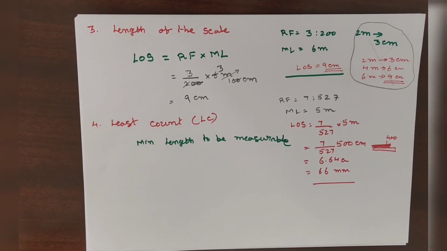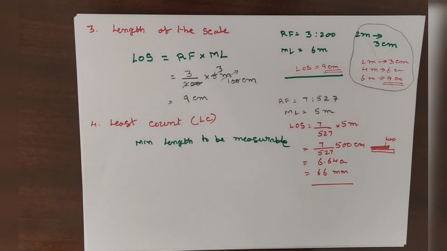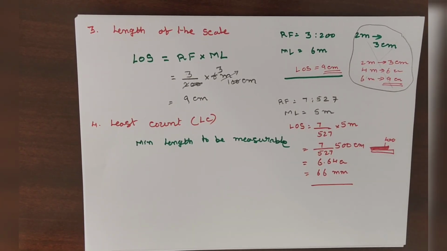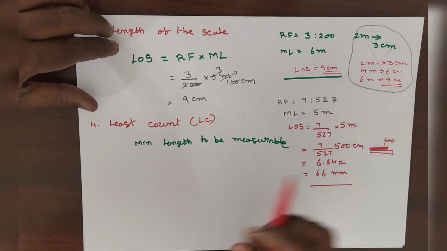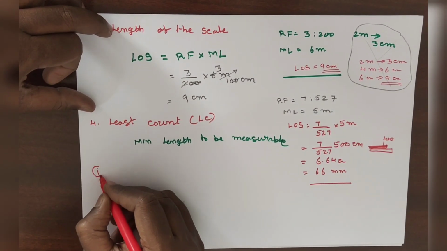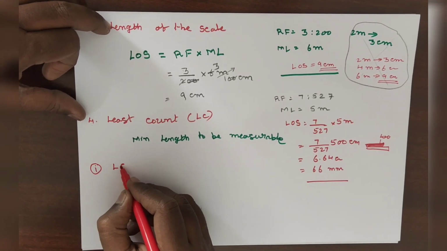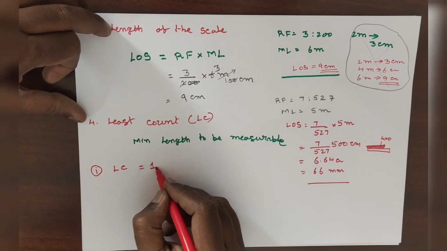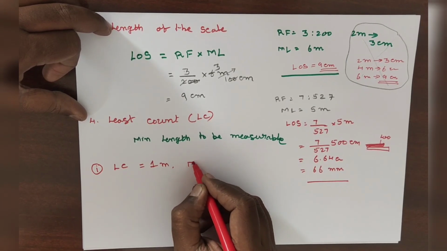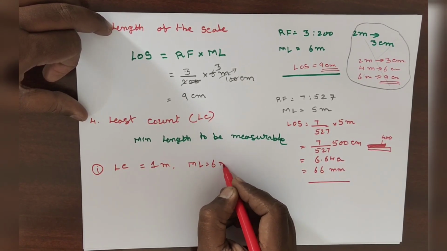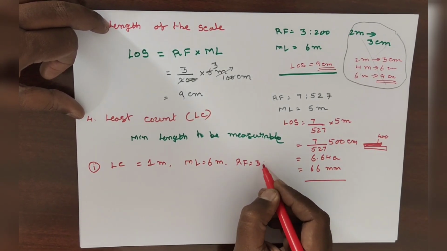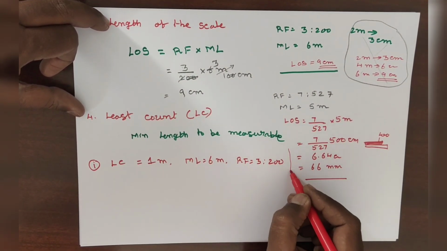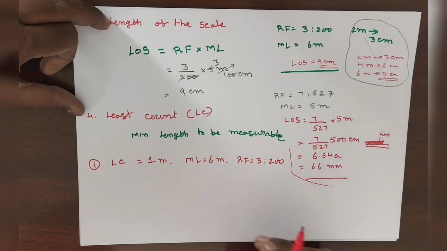What about the remaining, sir? They are multiples of least counts. We are going to consider different examples. First case, the least count is equal to 1 meter, the maximum length is 6 meters, and the representative factor given for our problem is 3:200.